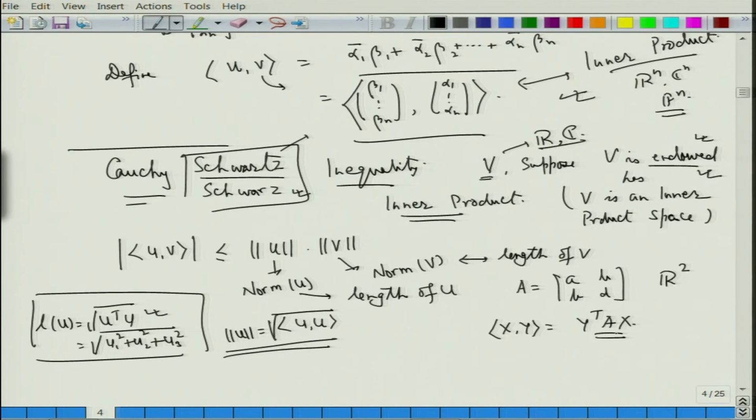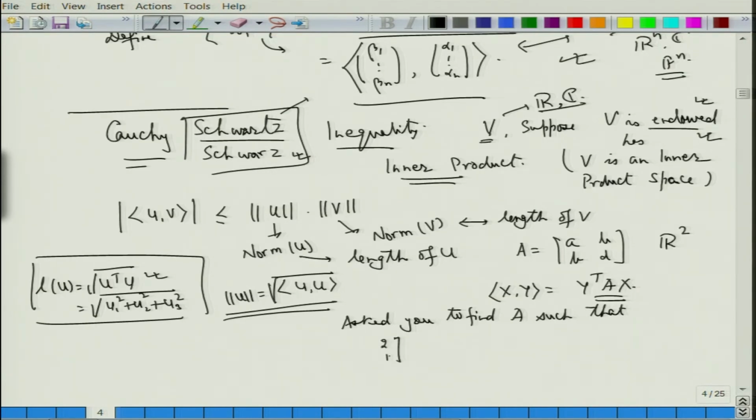Recall that I had asked you to find A such that this vector (2, 1), this inner product, which was nothing but (2, 1) times [a, b; b, d] times (2, 1), is equal to 1.